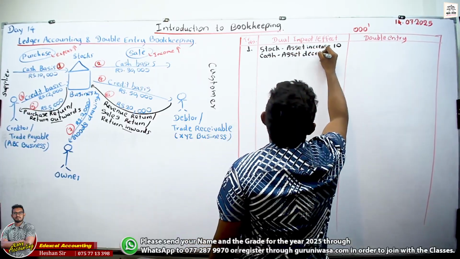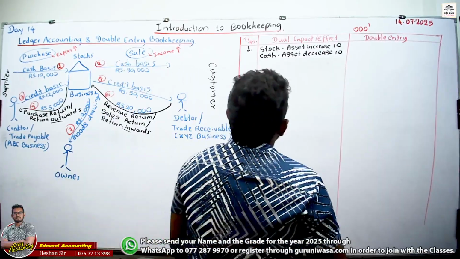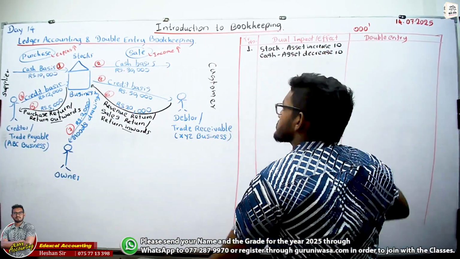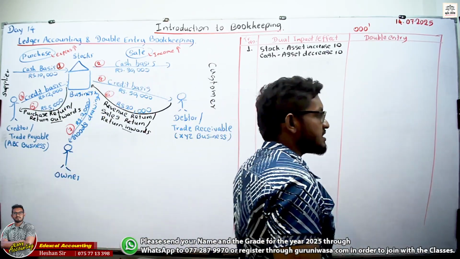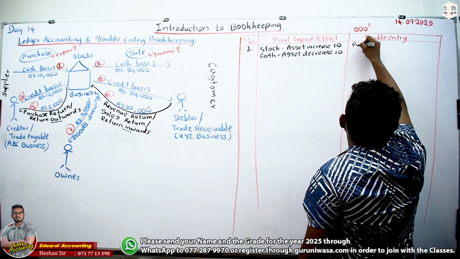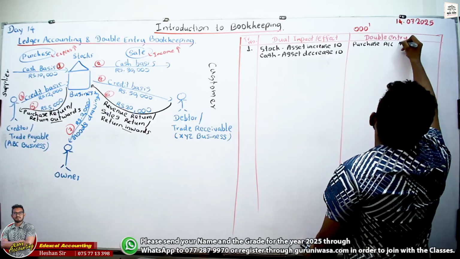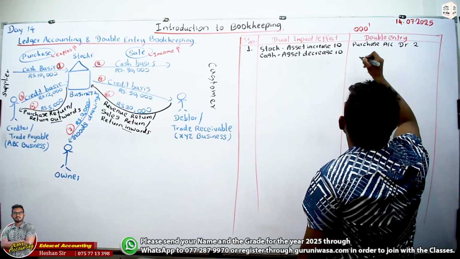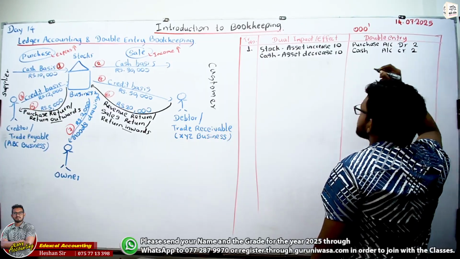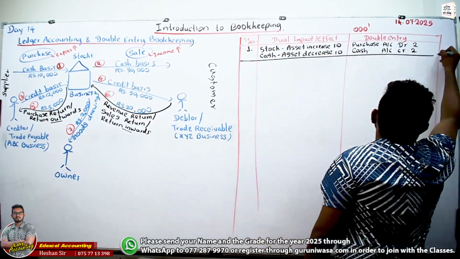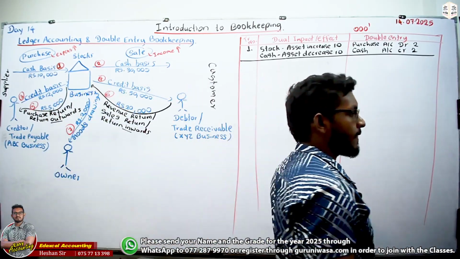We give cash. So, I told you when it comes to debit and credit, we need to consider purchase is an expense. So, purchase account debit rupees 10,000. Cash account credit rupees 10,000. Easy, clear? Send me a thumbs up. The first one. Understood? Right?